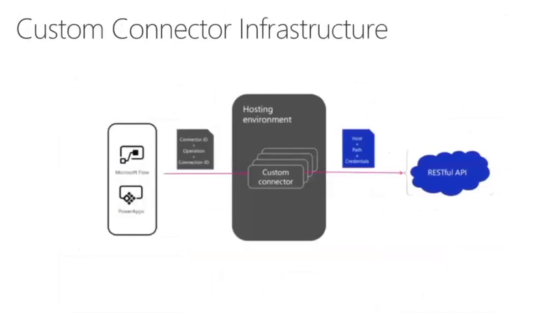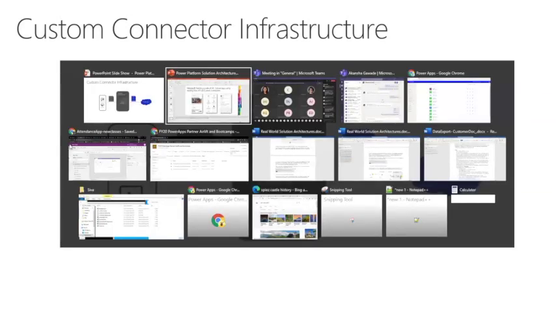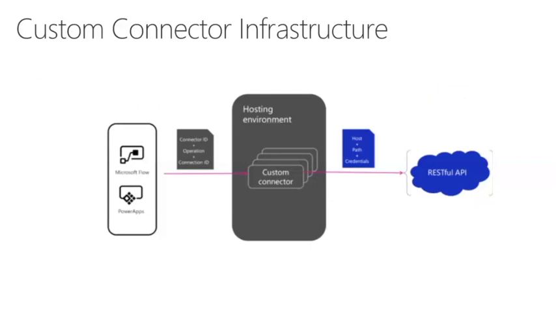So this is just a high-level view of the custom connector. We talked about custom connector infrastructure. There are a few options here when you're talking about custom connectors. At the end of the day, they are always linked to a REST API.